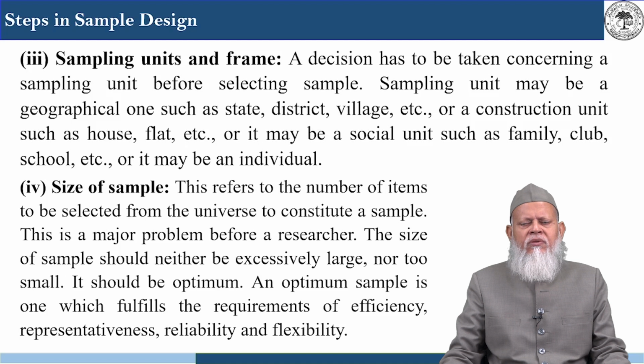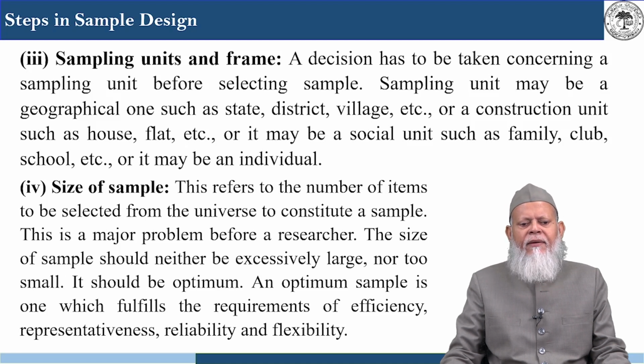This refers to the number of items to be selected from the universe to constitute a sample. And this is a major problem before the researcher. The size of sample should neither be excessively large nor too small. It should be optimum.